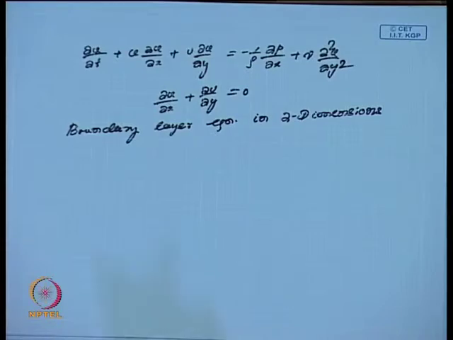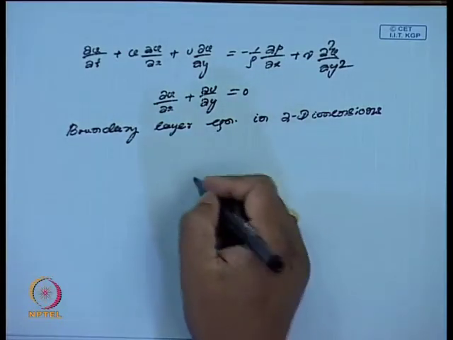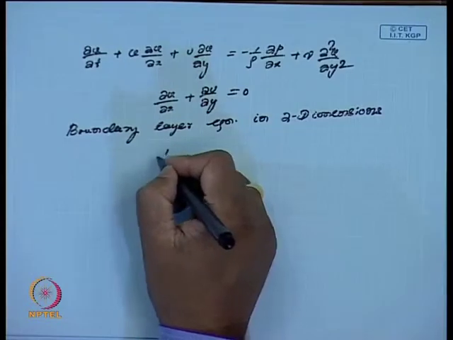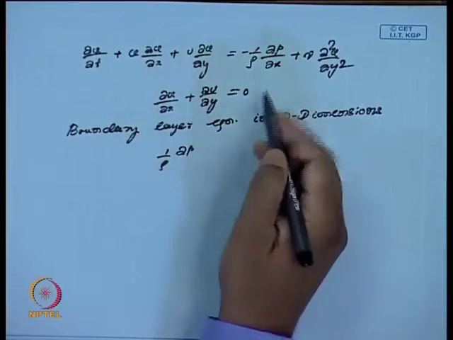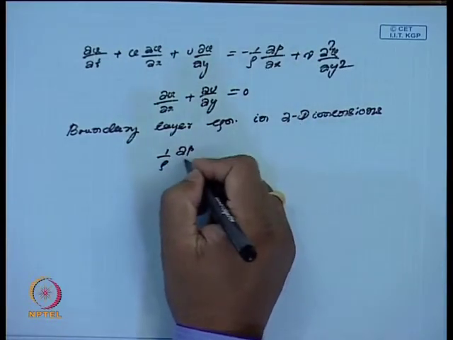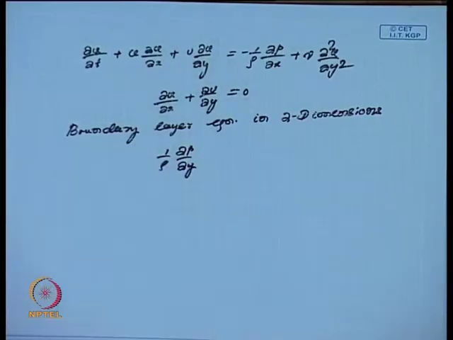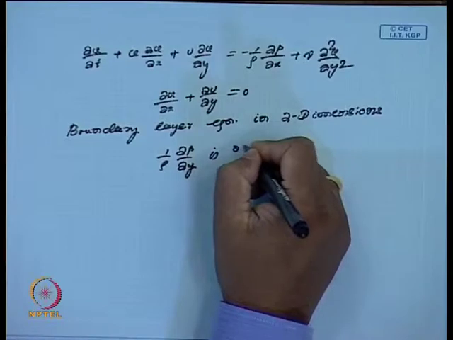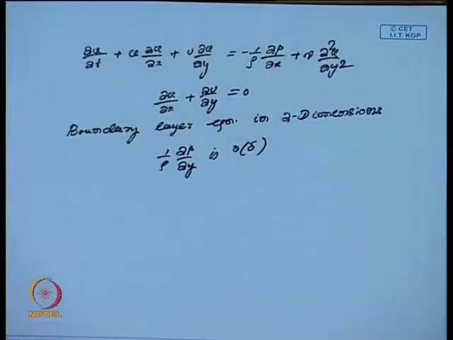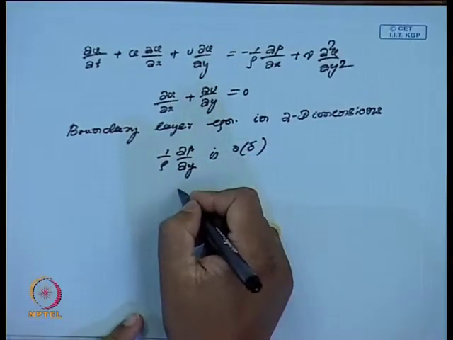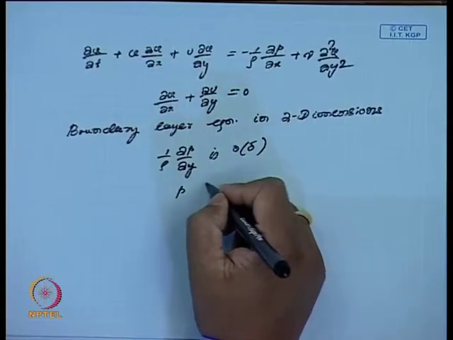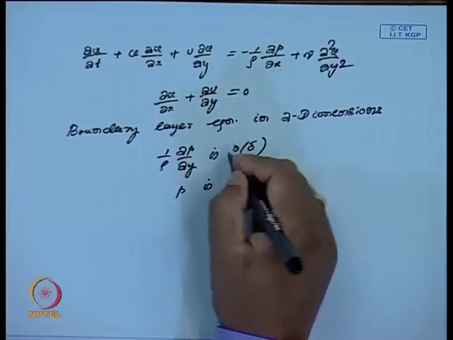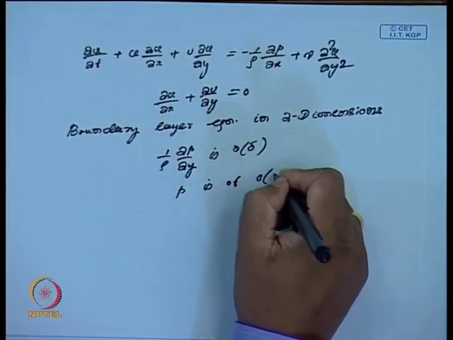And in a similar way, we have also seen that 1 by rho del p by del y, because this term we are not taking, will be of order delta. If it is of order delta, it can be easily seen that p is of order delta square.